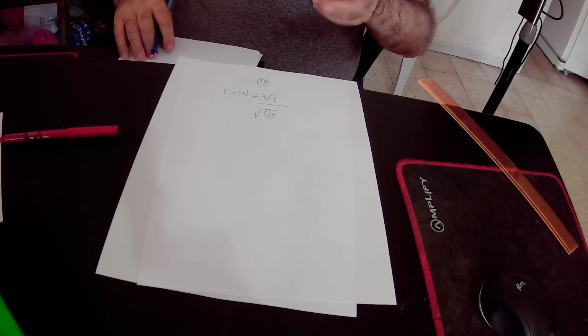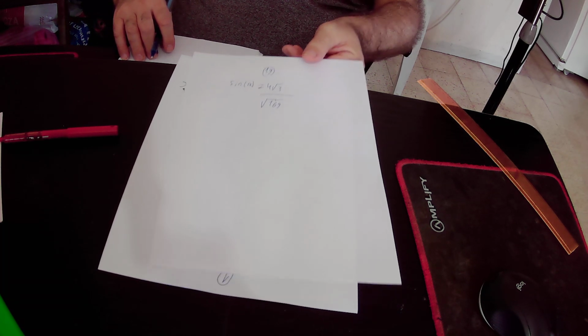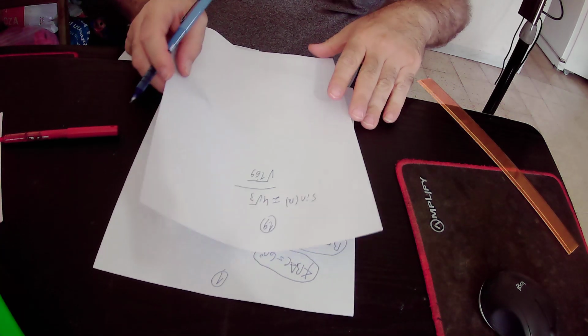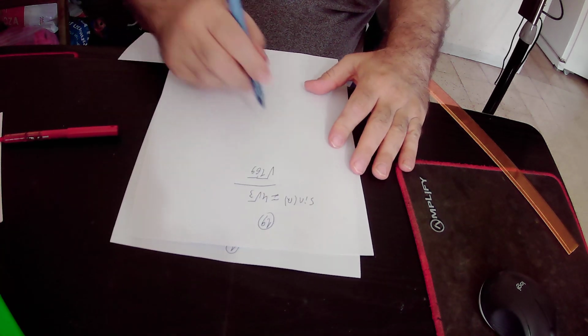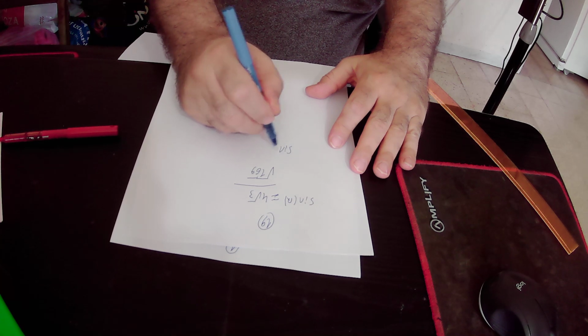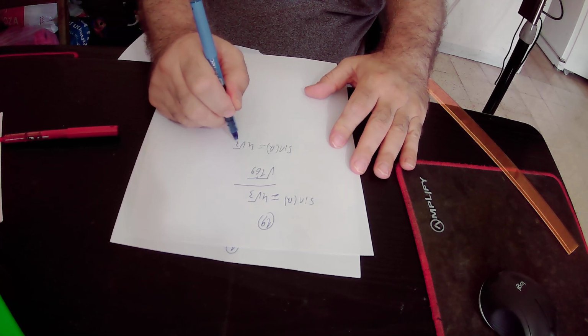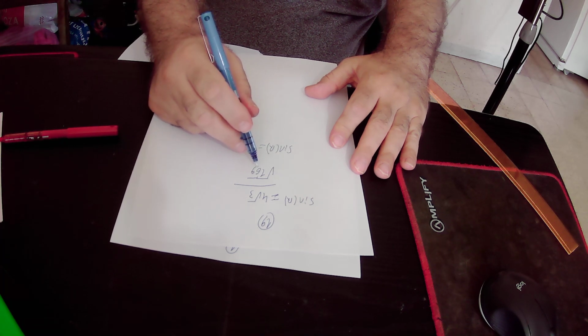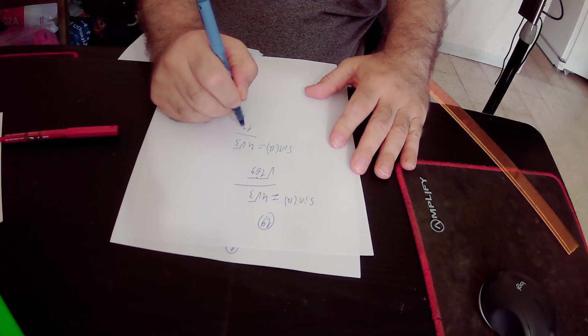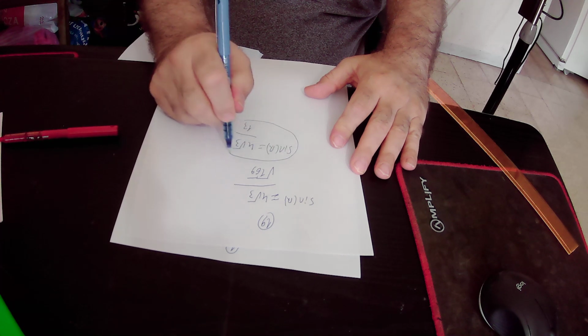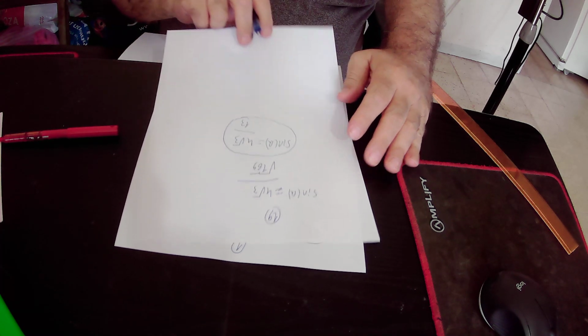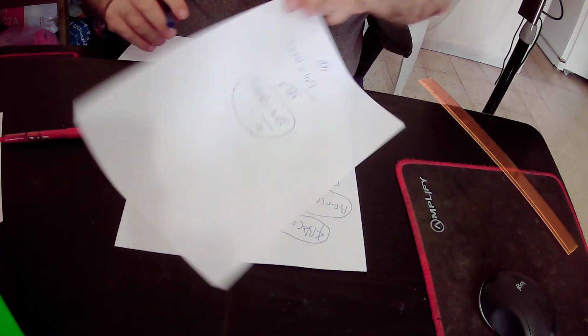The root of 169 equals 13. So we found out that the value of sine q equals 4 times root 3 over 13.